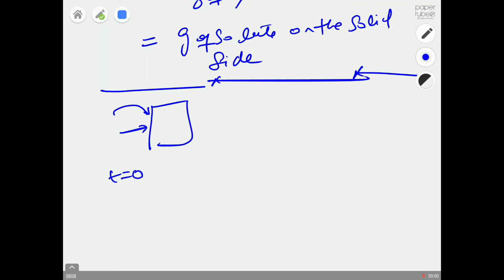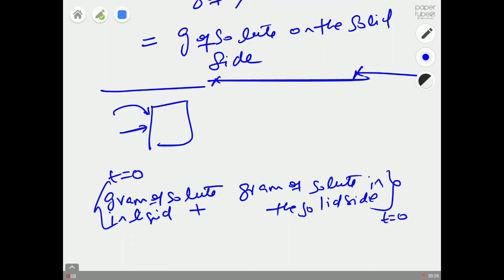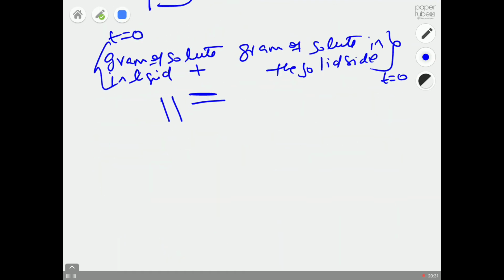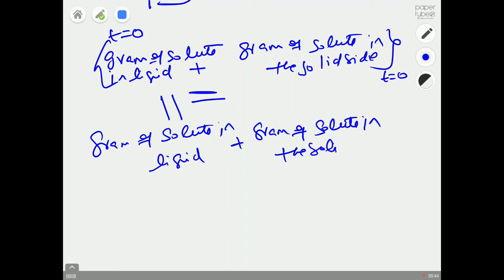So we can perform a mass balance: the grams of solute in liquid plus grams of solute in the solid side at time t equal to 0 should be equal to grams of solute in liquid plus grams of solute in the solid when time t is equal to equilibrium time.